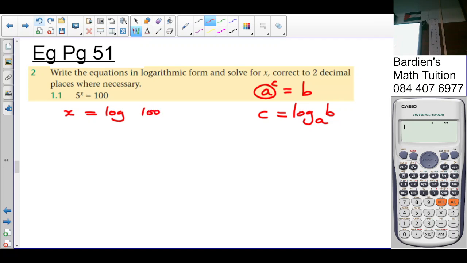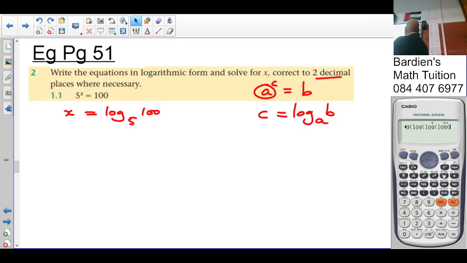100 base 5. Now there's no way that I can write 100 as a power of 5, because that would be 2 times 5 squared. So that's not going to work. This is the reason why they tell you it needs to be in two decimal places. So you put it on your calculator. Now there's two log buttons on your calculator.